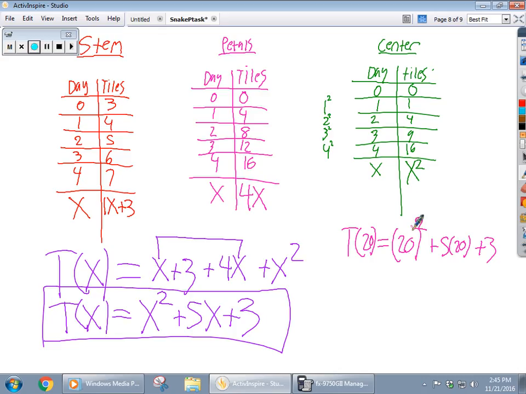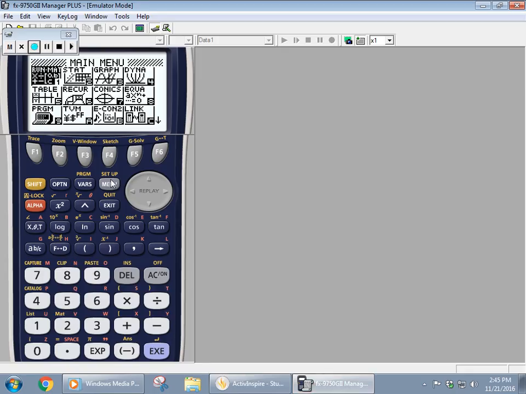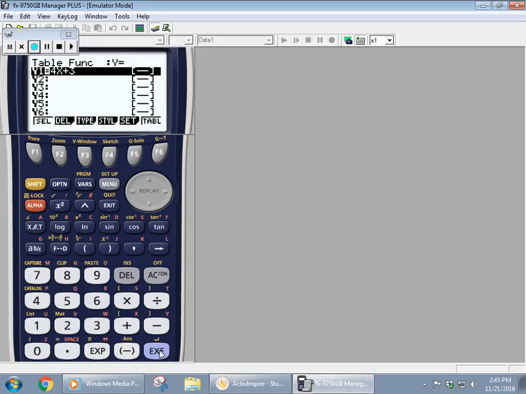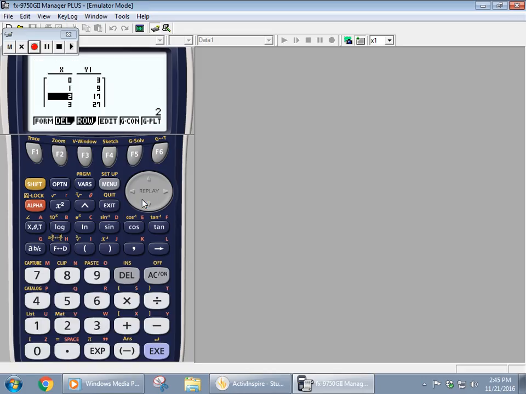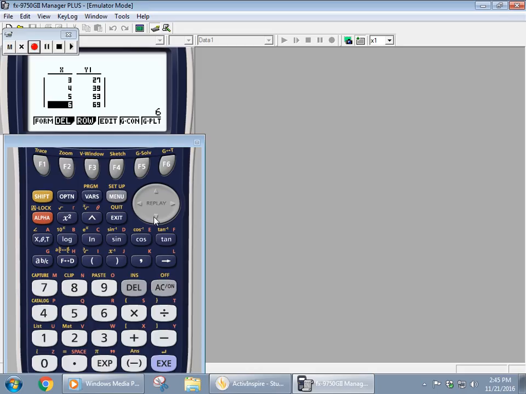Another, probably easier way to do this that'll get you somewhere a little bit quicker is just use technology. So I would go into my calculator, go into menu, table, let's put in our equation. It was x squared plus 5x plus 3. All right. And then go down and see if you get that specific amount of tiles for whatever the year is.